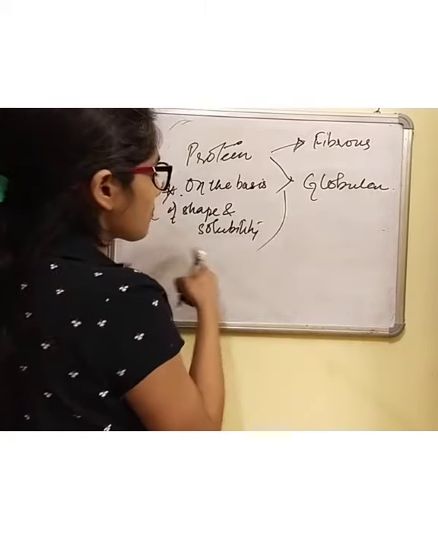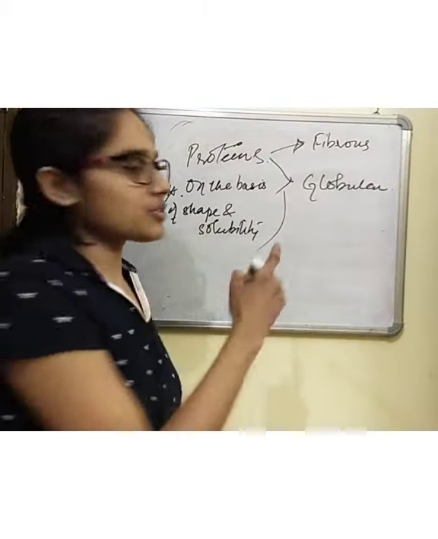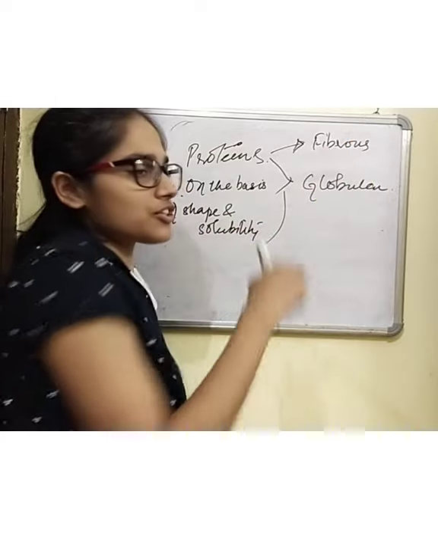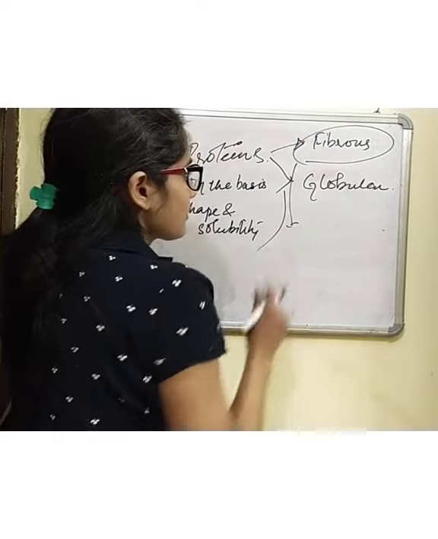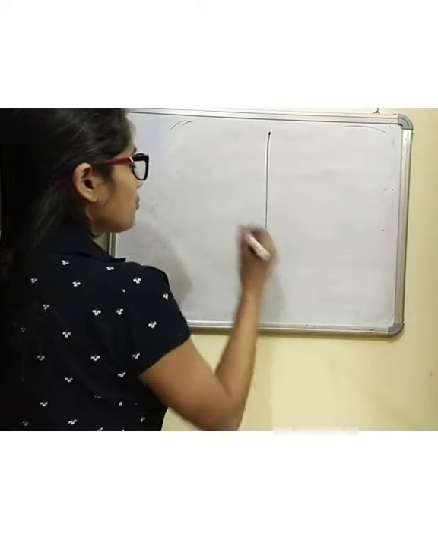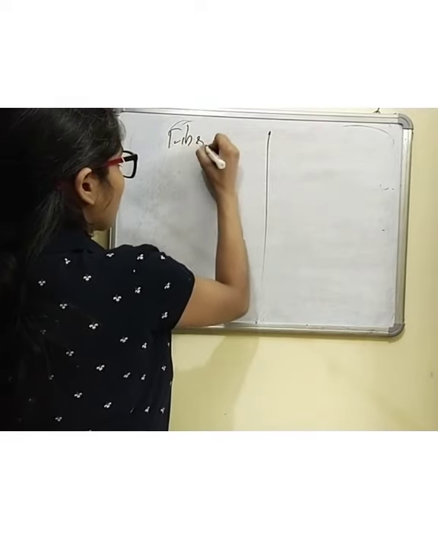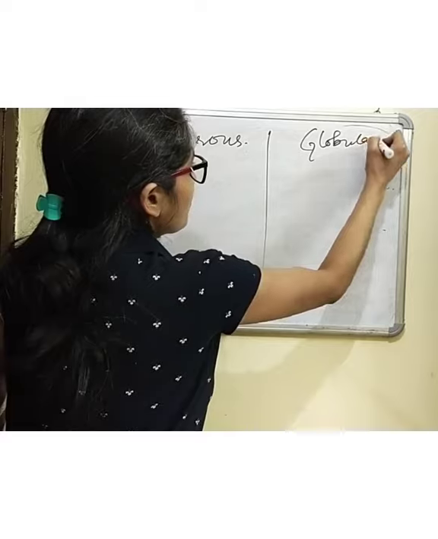On the basis of shape and solubility, the proteins are classified into two types: fibrous proteins and globular proteins.